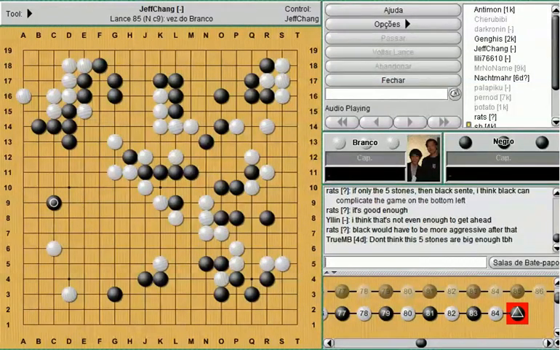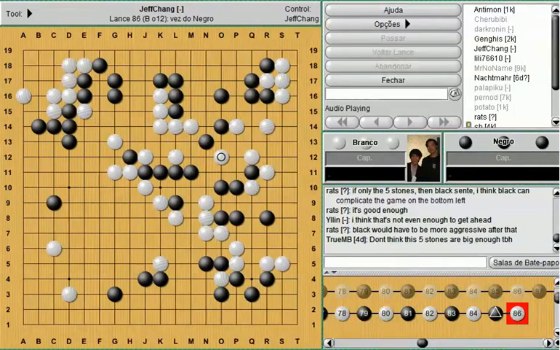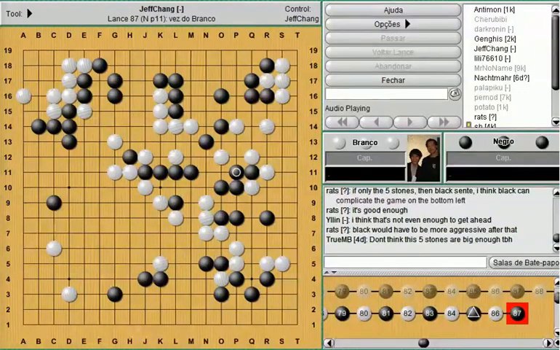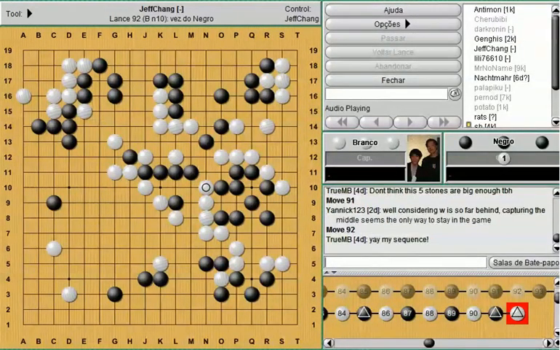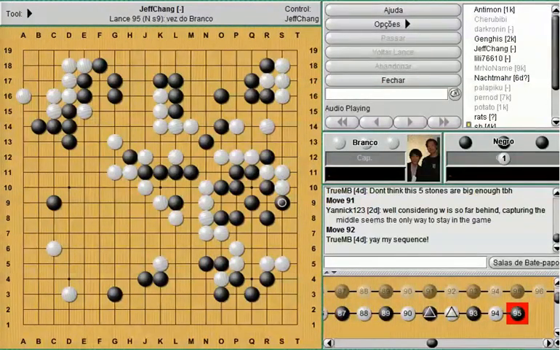Okay, so in the game, let's say white did play this jump. So black connects here, white connects, and black captures this stone. And then white puts here, black cuts this one, and then leaves like this.